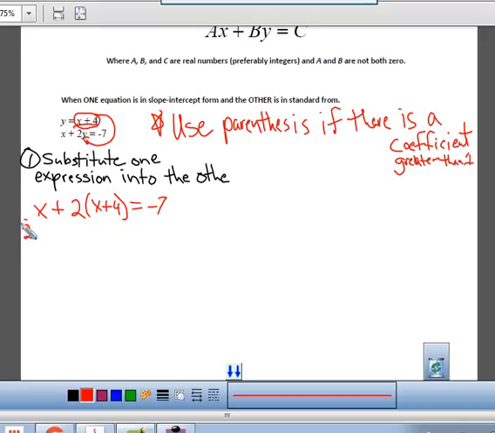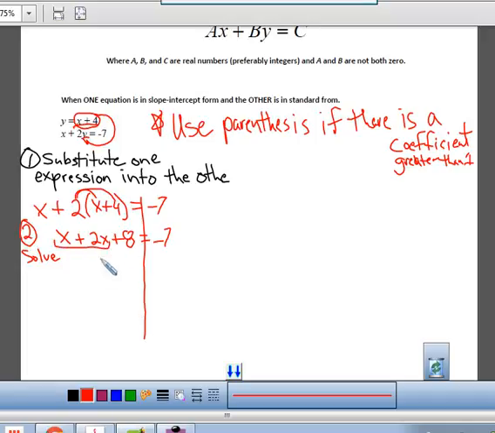Step 2, I'm sure you already guessed it, is to solve. The first step in solving this is you could do the distributive property. So I get x plus 2x plus 8 equals negative 7. Draw a line down, do your steps for solving.